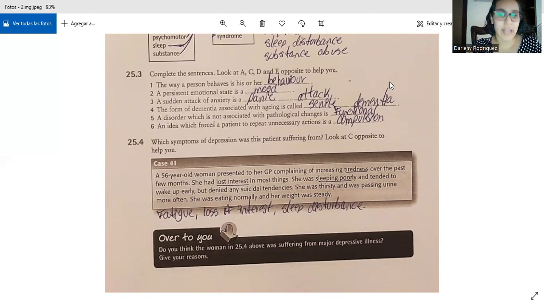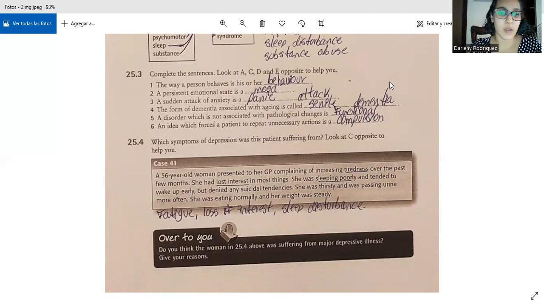A sudden attack of anxiety is a panic attack. The form of dementia associated with aging is called senile dementia. A disorder which is not associated with pathological change is functional. An idea which forces a patient to repeat unnecessary actions is a compulsion.